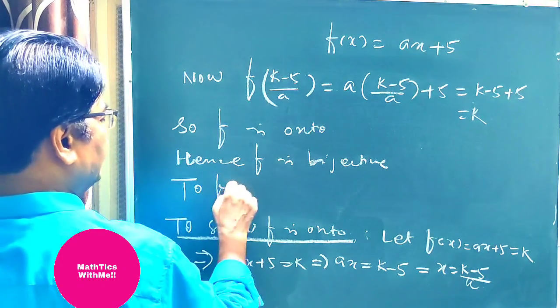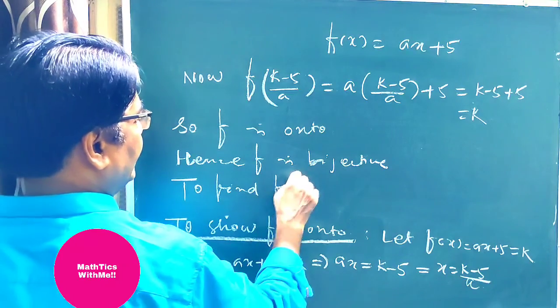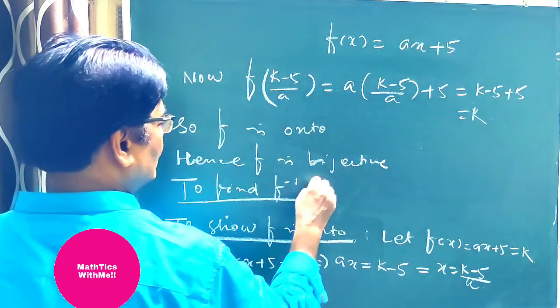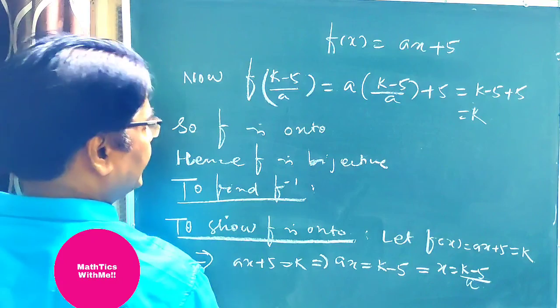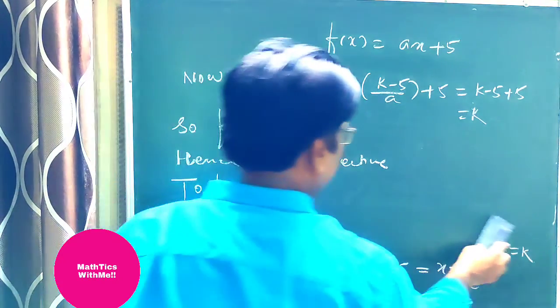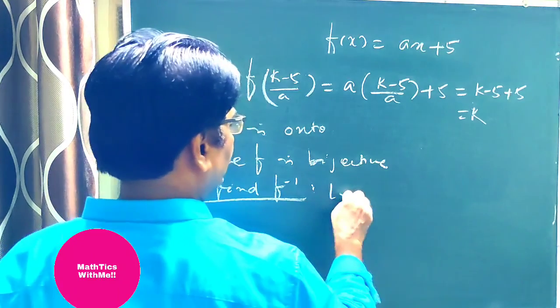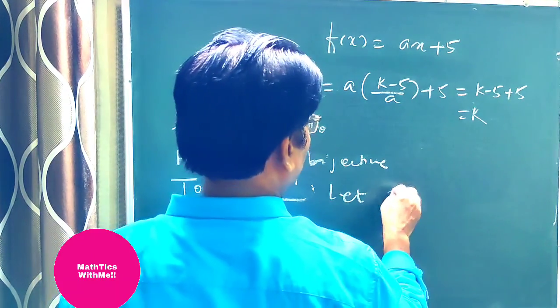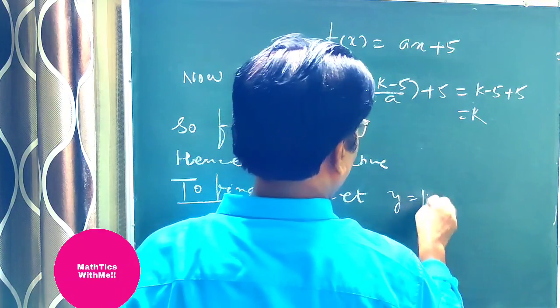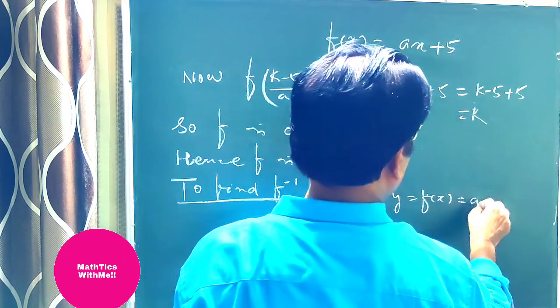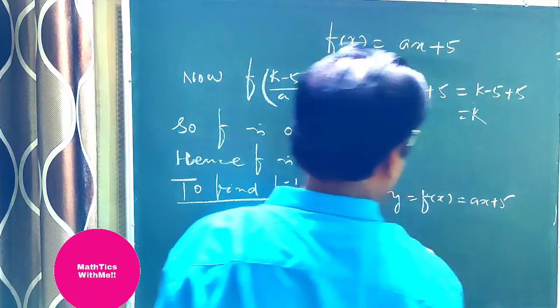To find f inverse, let us proceed. Let y is equal to f(x) is equal to ax plus 5.